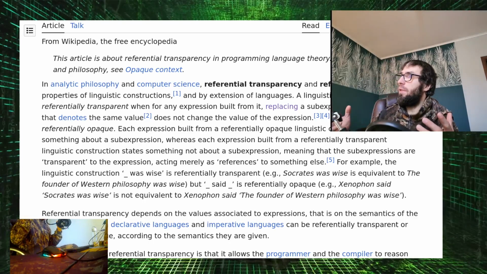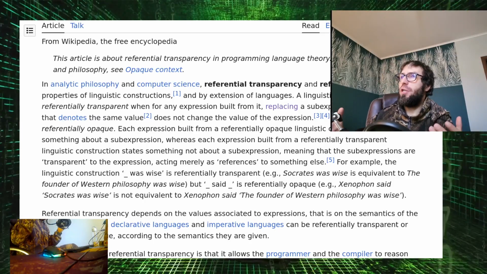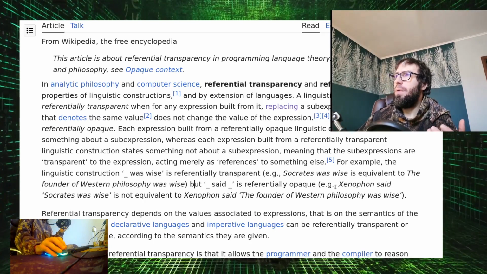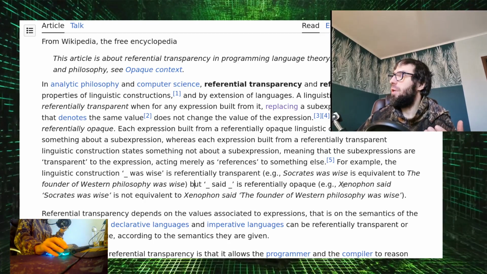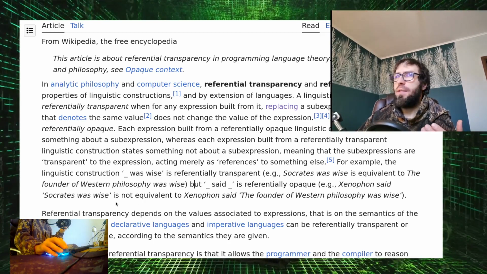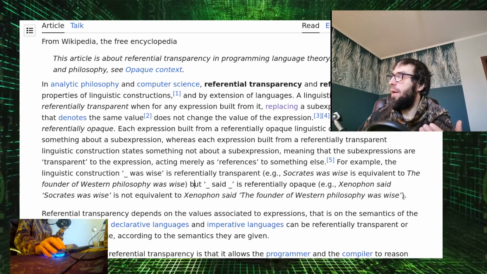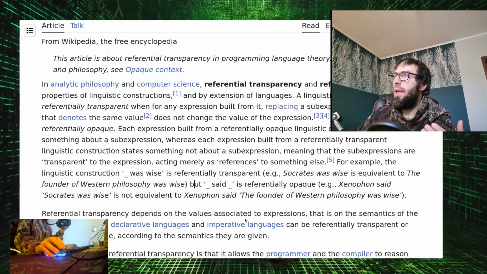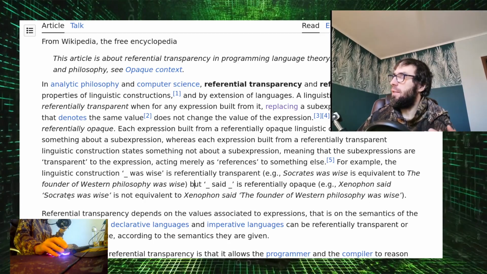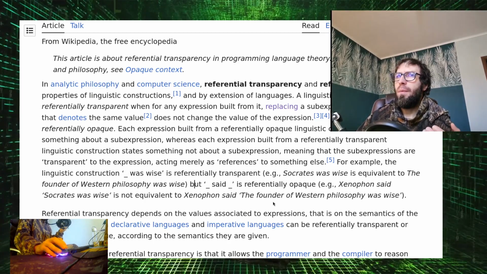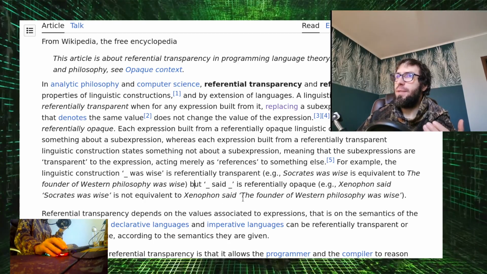On the other hand, we have the notion of referentially opaque. For example, we can look at such a sentence: "Xenophon said Socrates was wise" is not equivalent to "Xenophon said that the founder of Western philosophy was wise." You can see that the semantics of these two sentences is different here, because it matters what literally Xenophon said.